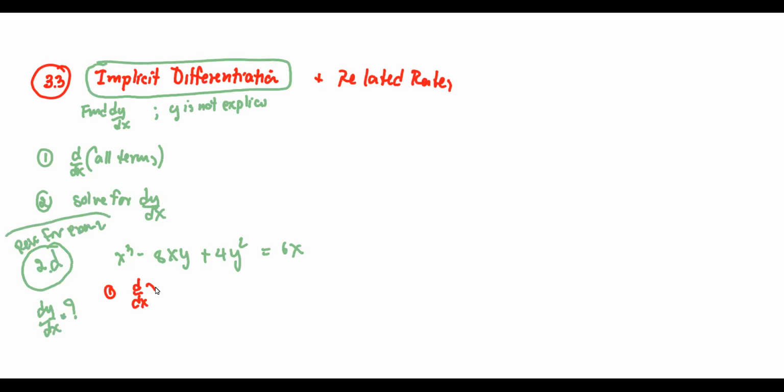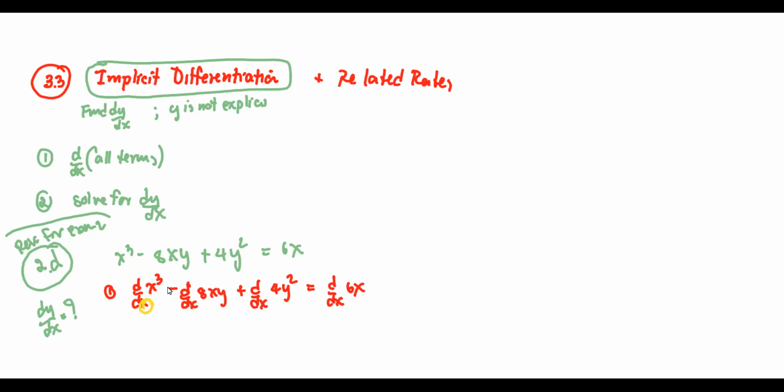So d by dx of x to the third minus d by dx of 8 times xy plus d by dx of 4 times y squared equals d by dx of 6x. Okay, and I pointed out to you guys, look at the variables.